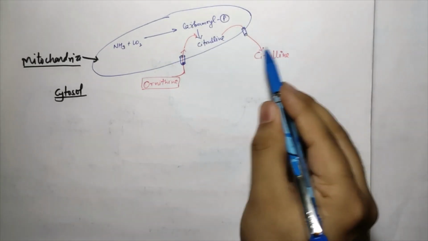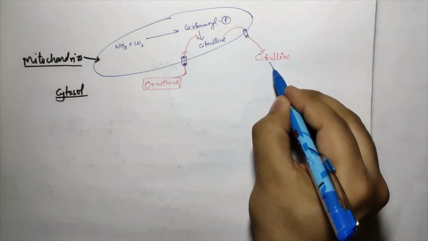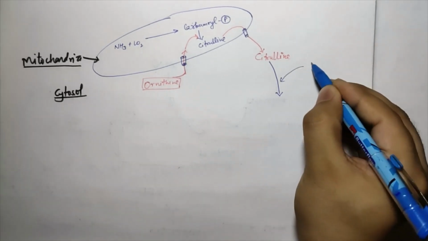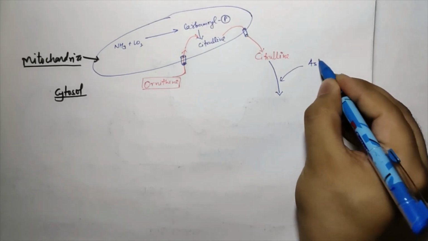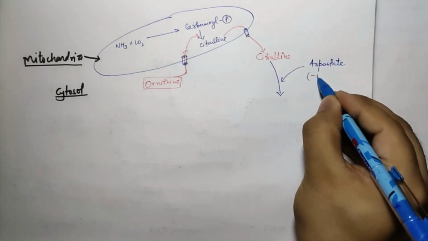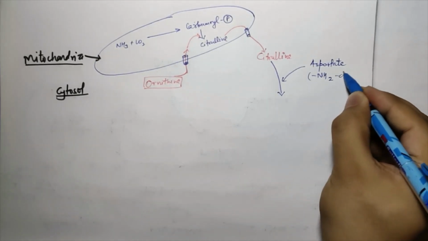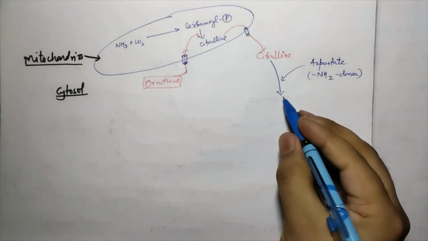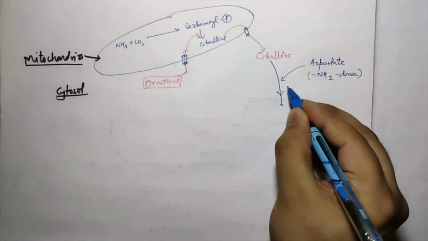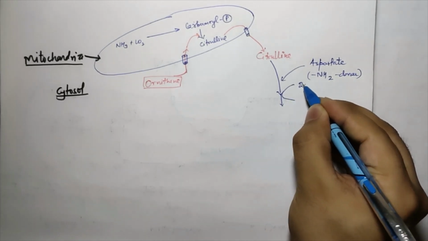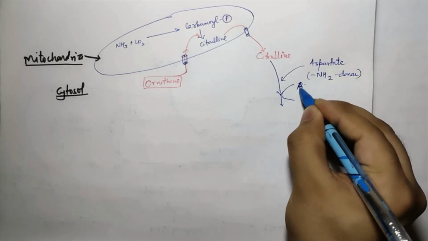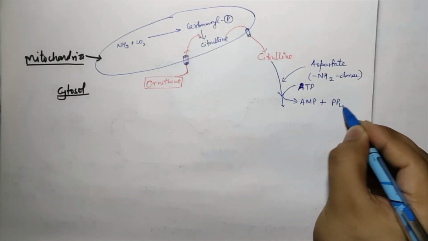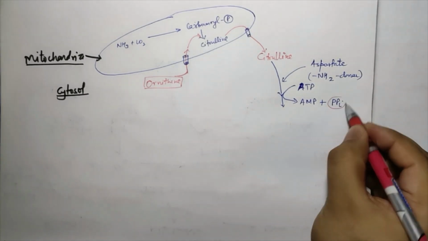So in the cytosol, citrulline, in the presence of another ammonia group donor, that is aspartate, is fixed with this citrulline, and it utilizes two ATP molecules, and subsequently AMP and pyrophosphate are released.